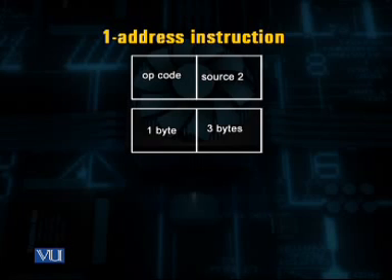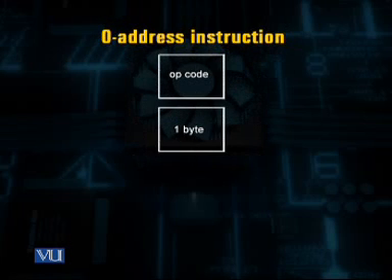Therefore, the total is 7 bytes. Whereas for the 0 address instruction word, the code size is 1 byte. Therefore, the number of accesses from the memory is 1 byte for the instruction fetch, 6 bytes for the source operand, and 3 bytes for storing the destination. Thus, it gives us a total of 10 bytes.